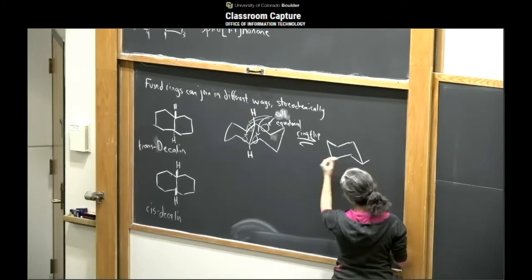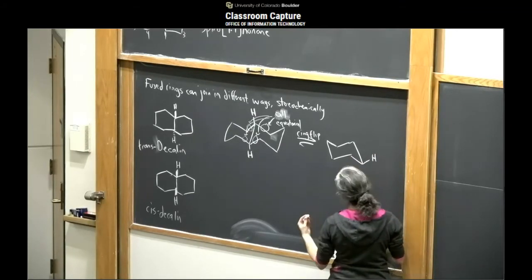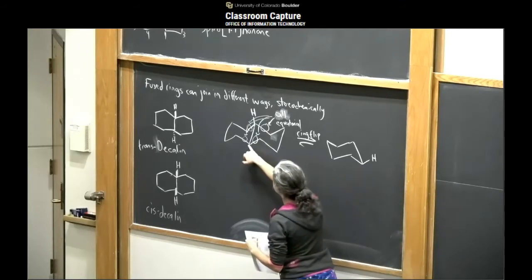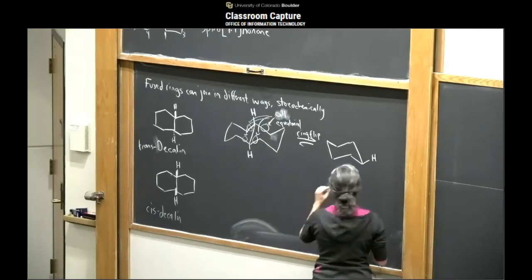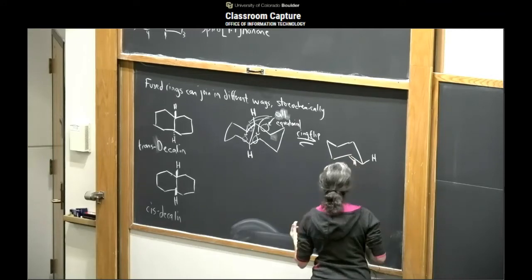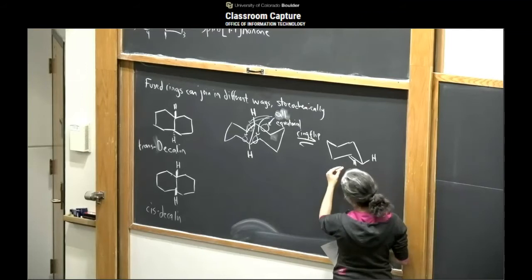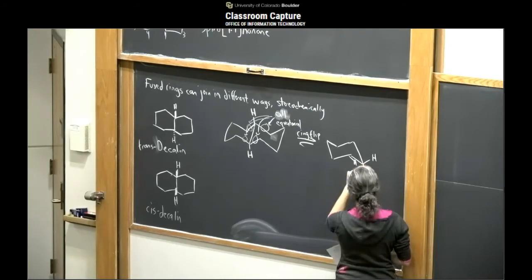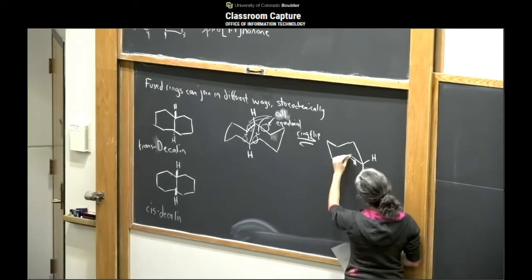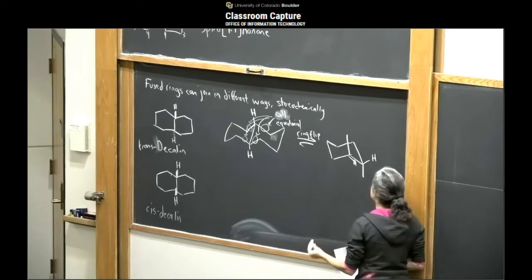So that means H now is up equatorial. And this other H here has to be down equatorial. Okay. And so that means that my two bonds to the ring coming off of here are now down axial, and coming off of here are up axial.